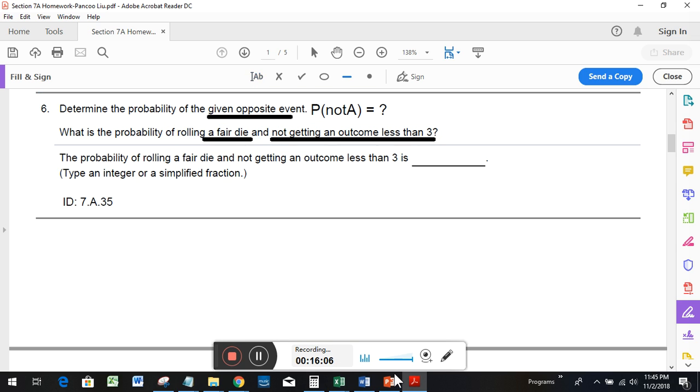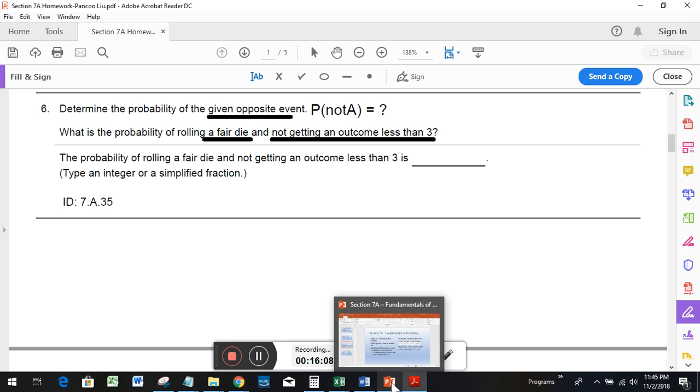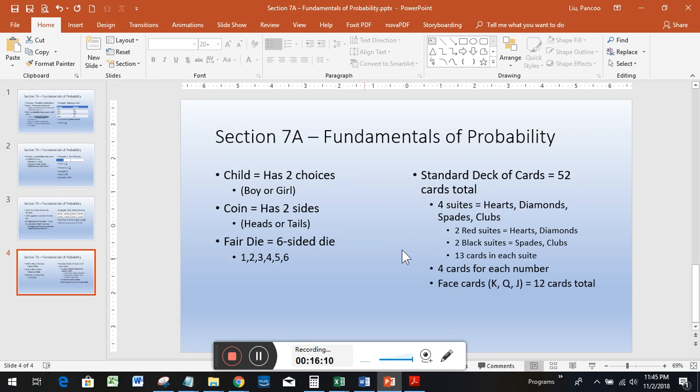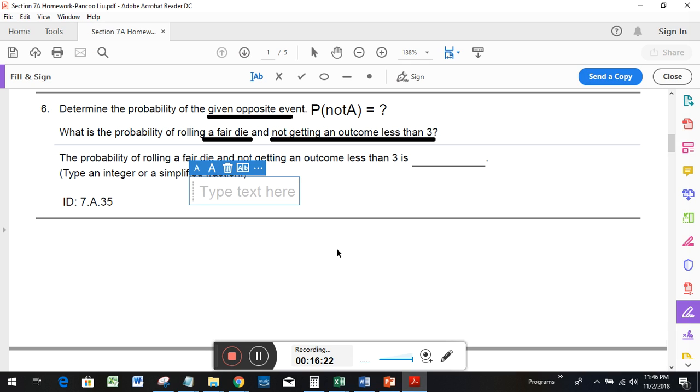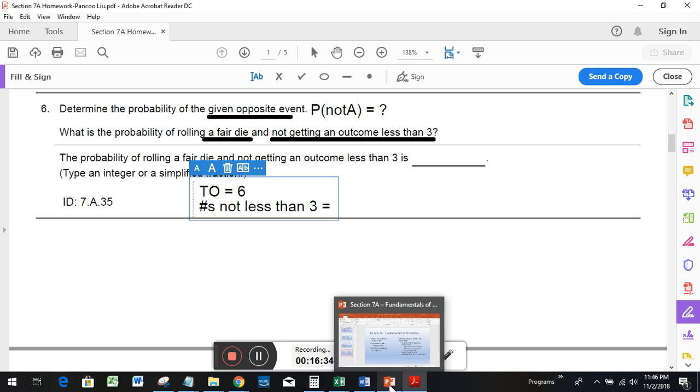So if you remember from earlier, a fair die has 6 sides and it consists of the numbers 1, 2, 3, 4, 5, and 6. So that means we have a total outcome of 6. Now, what we want is numbers that are not less than 3.